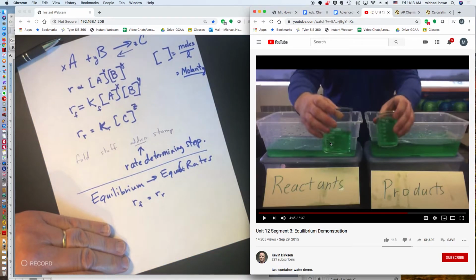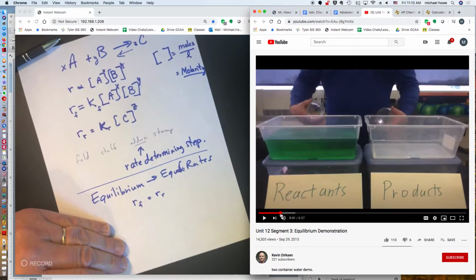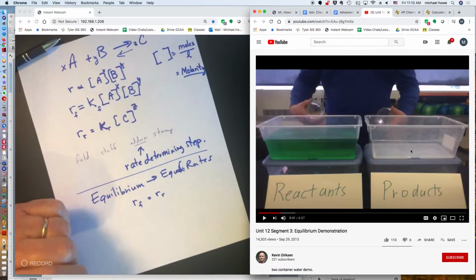Just like up here, the rate of exchange of reactants to products is the same as the rate of products becoming reactants. So in equilibrium, reactions go both ways. Earlier this year, we assumed that whatever we started with would eventually end up over here, and there wouldn't be anything left over here. Now we're looking at equations that go both ways.